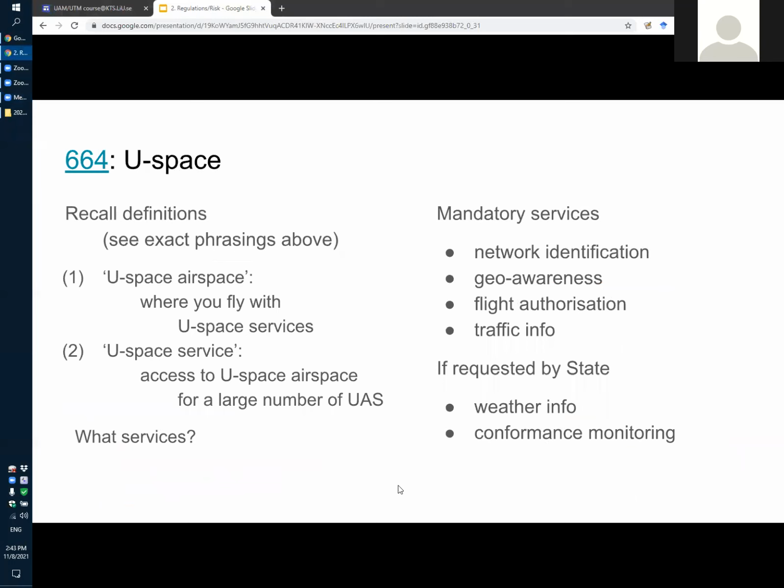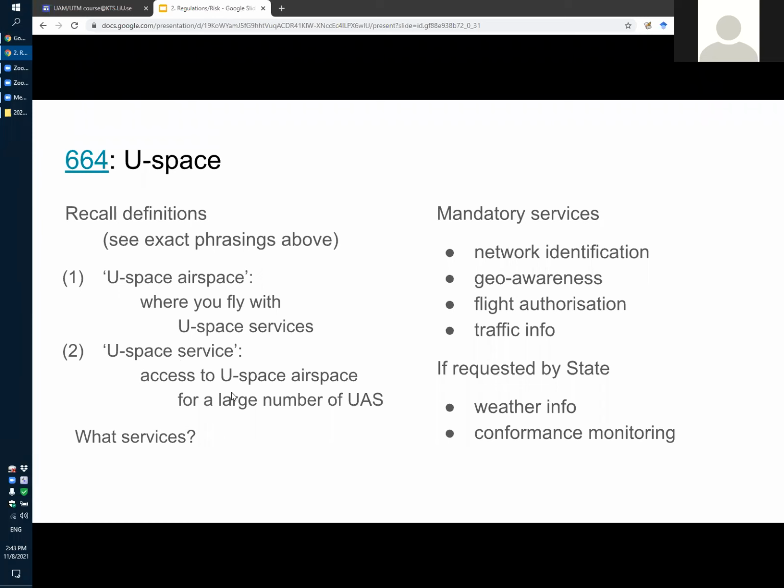And in the remaining 15 or 17 minutes, let me try to explain some stuff from the bigger one, Regulation 664 on U-space. So again, recall the definitions. You can look up the exact phrases in the regulation or above in these slides. U-space airspace is where you have to use U-space services when you fly in it.